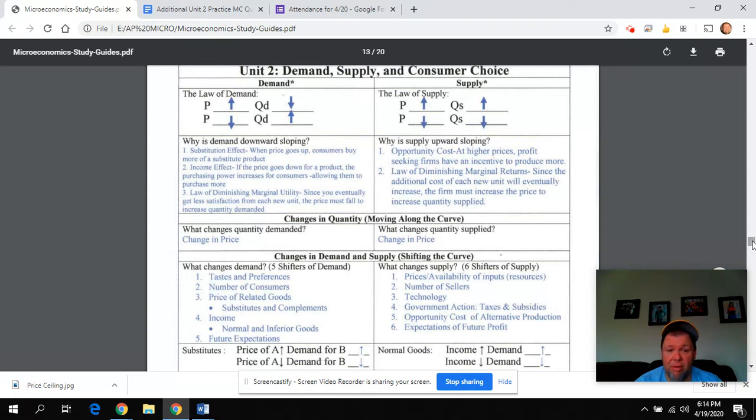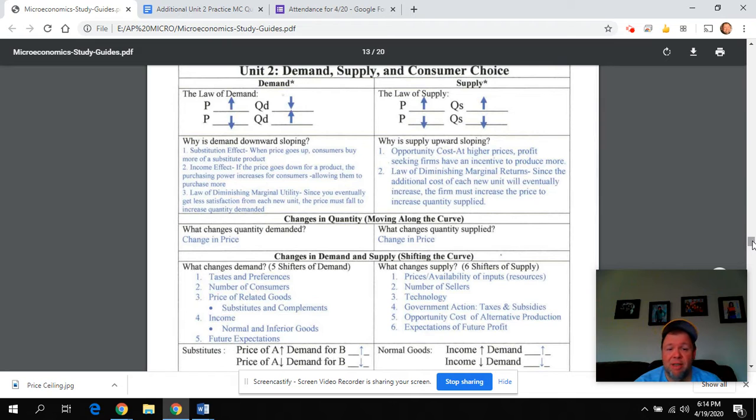So for the Monday, I shared with you some additional Unit 2 practice questions. And then your attendance question is a question about supply and demand with a price ceiling, so you need to look over that. But we're also going to do a little practice with supply and demand graphs, and then after that we'll do the market structures.